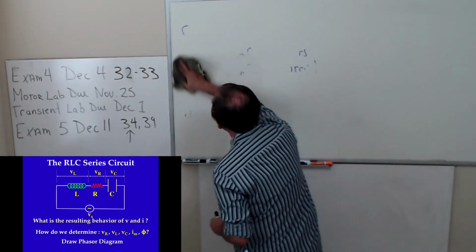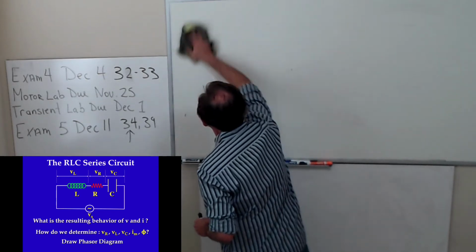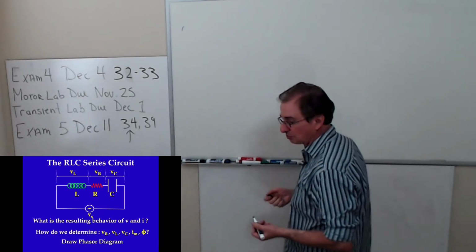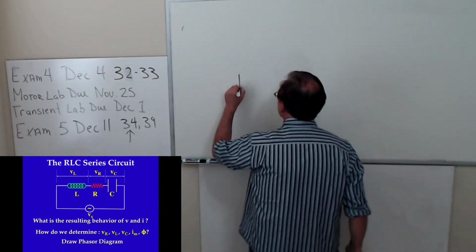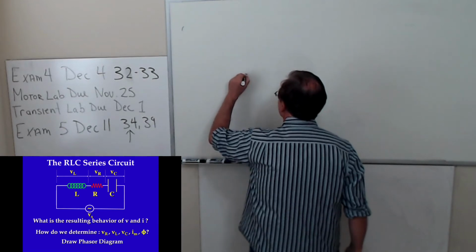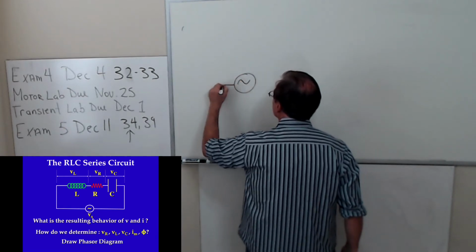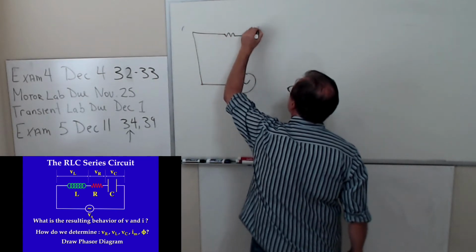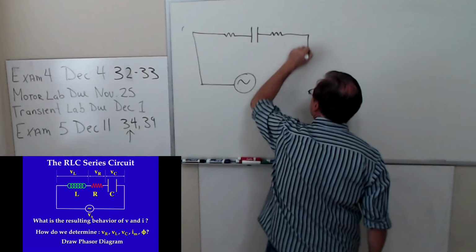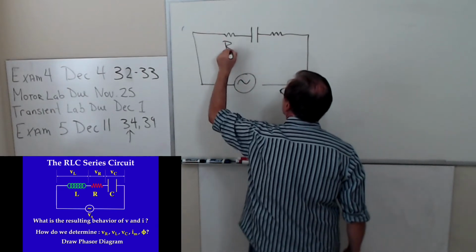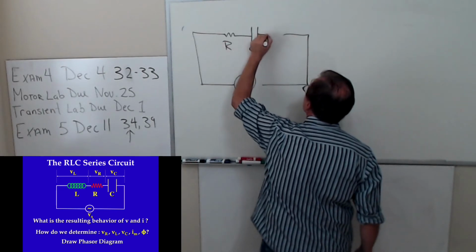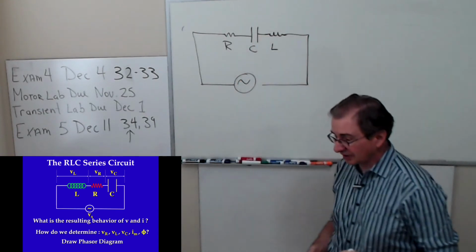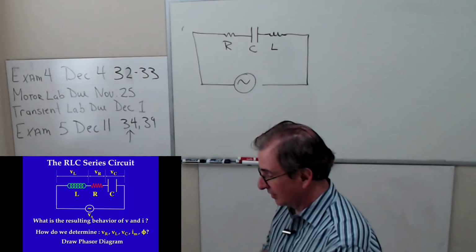And I want to look at really probably the most important problem in this chapter, which is a circuit that's driven by an AC power supply and has a resistor, a capacitor, and an inductor in series.